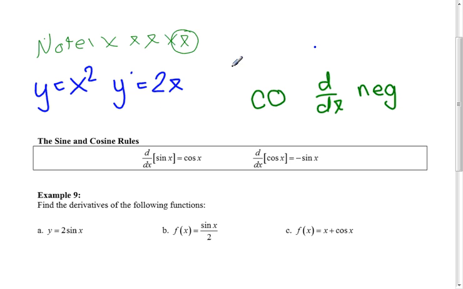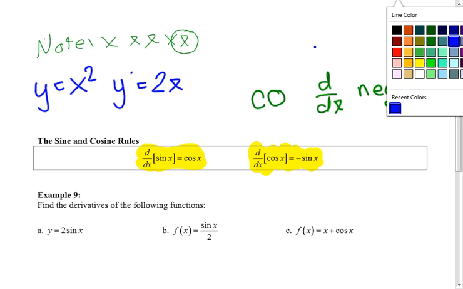Alright, so we have these two here. The derivative of sine is cosine. Memorize it forever. The derivative of cosine is negative sine. Again, we have that co, so we have a negative for our derivative.